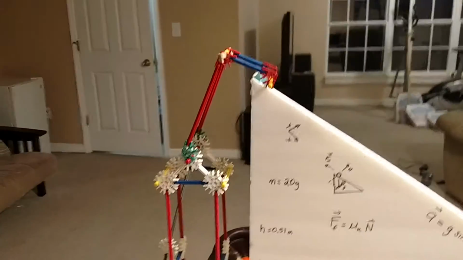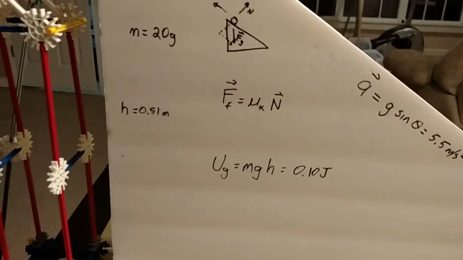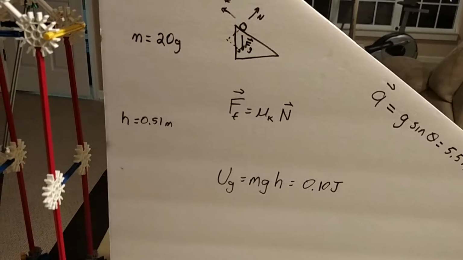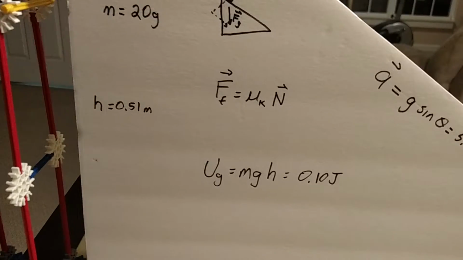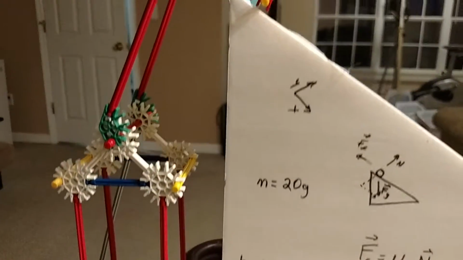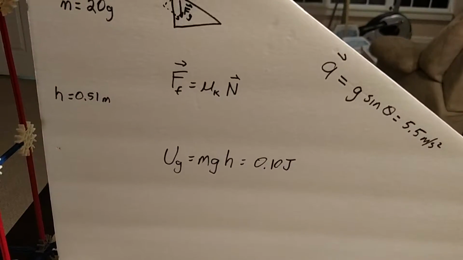So here we see that the height difference, 0.51 meters, is going to result in a difference of potential energy between here and here, according to the equation mgh, or the mass of the marble times the gravitational acceleration times height. We have 0.51 meters, and a mass of 20 grams, so our potential energy difference is 0.10 joules.